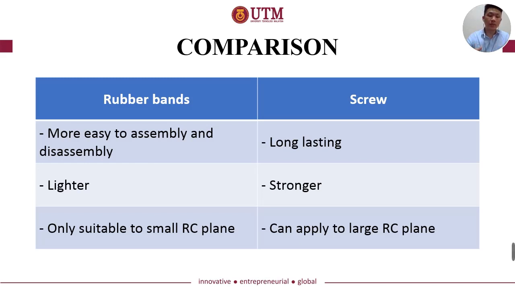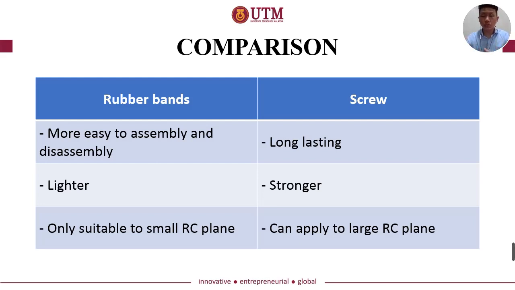The rubber band method is also lighter, but it is only suitable for small RC planes, because when the rubber band is pulled too tight, it will not last long.